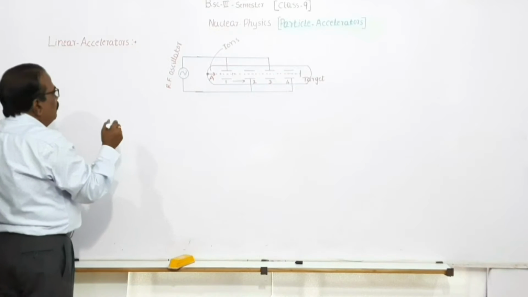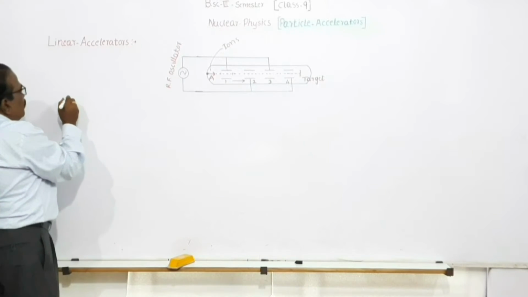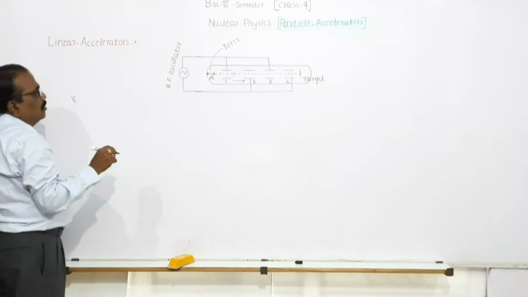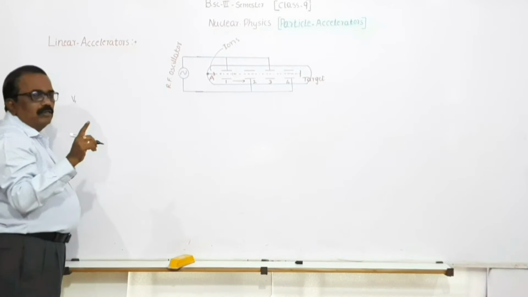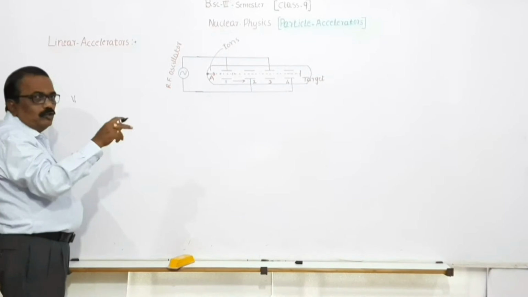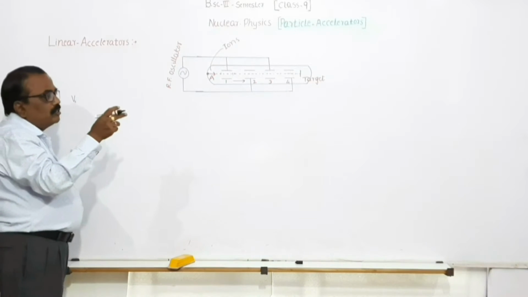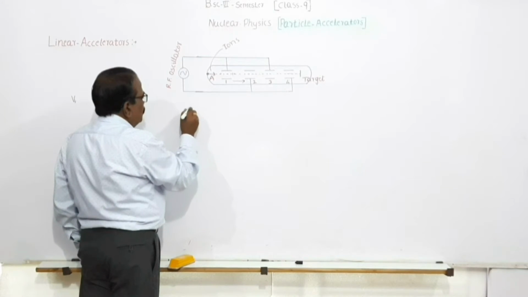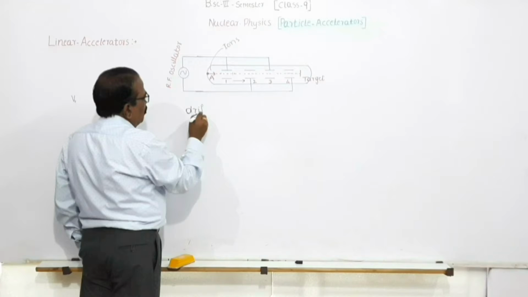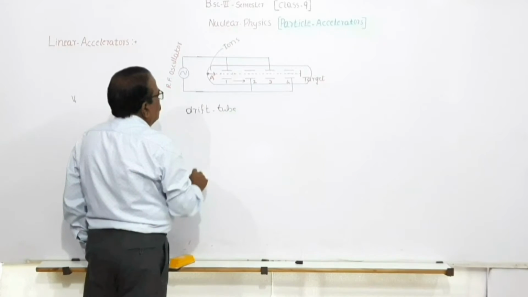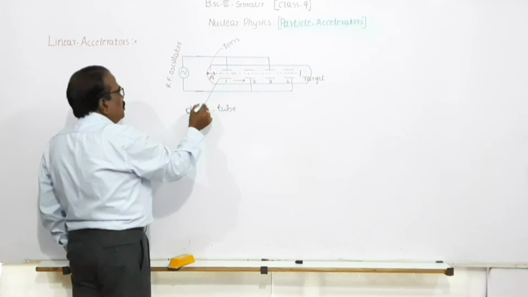Then if V1 is the velocity of the ion in the first electrode or cylindrical tube, those cylindrical tube electrodes are also called drift tubes.